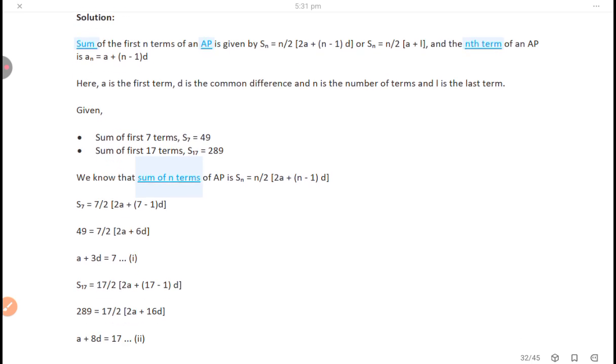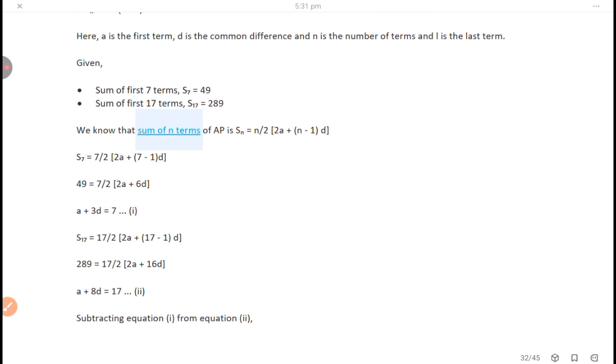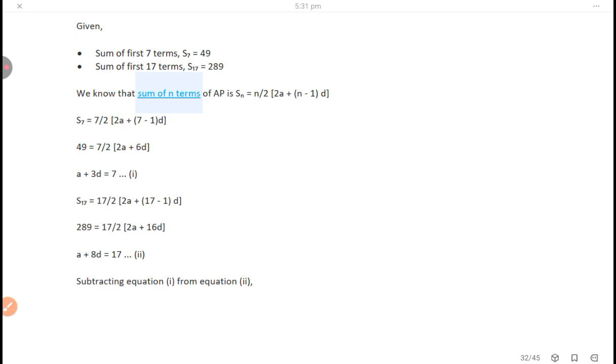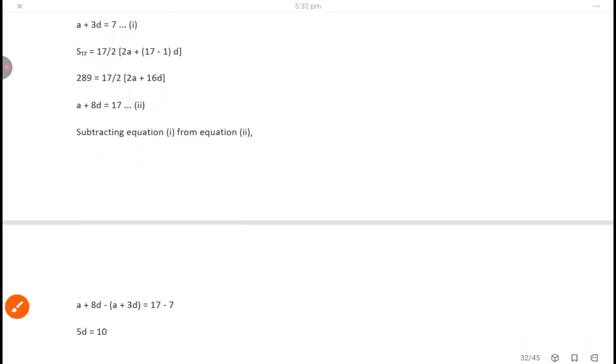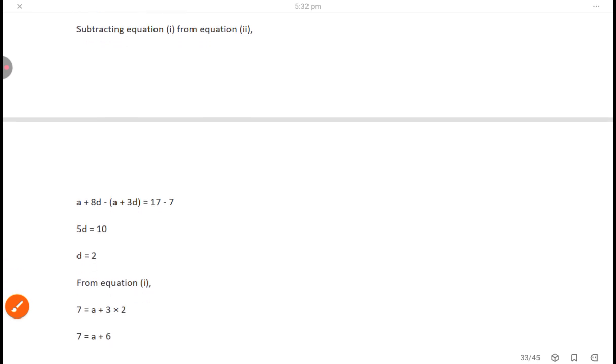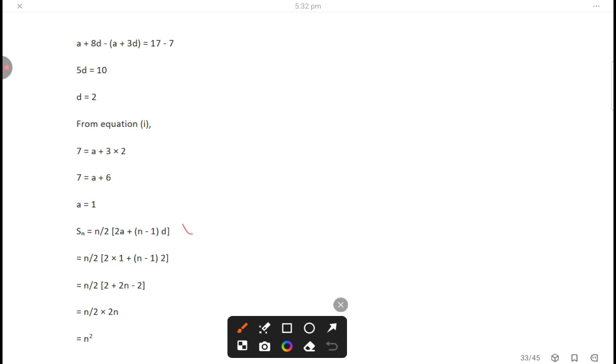Substitute the values in this equation, and you'll get two equations: a plus 3d is equal to 7 and a plus 8d equal to 17. Subtracting 1 and 2, you will get the d and a values. With that a, you can find the Sn.